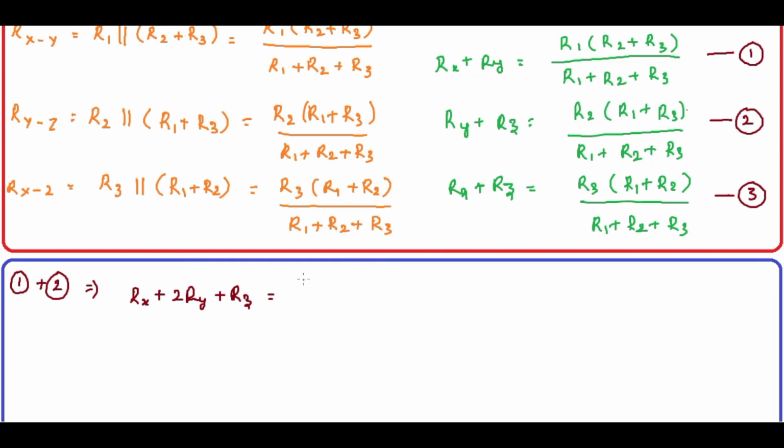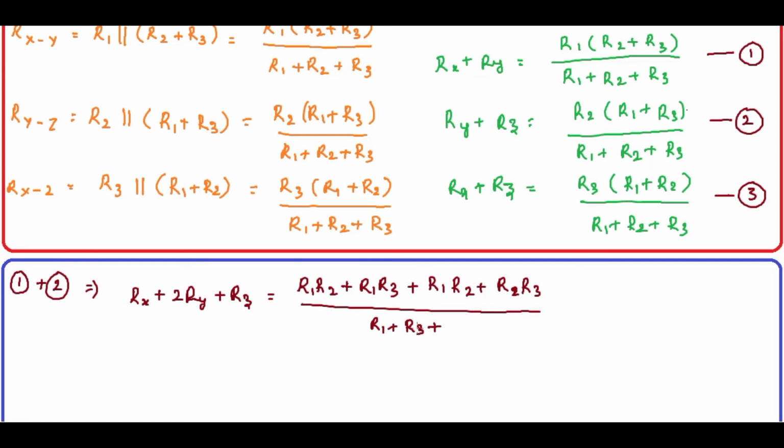So let me elaborate the numerator, so that it will be R1 R2 plus R1 R3 plus again R1 R2 plus R2 R3, divided by R1 plus R2 plus R3.